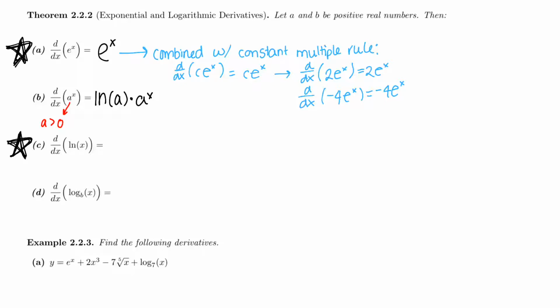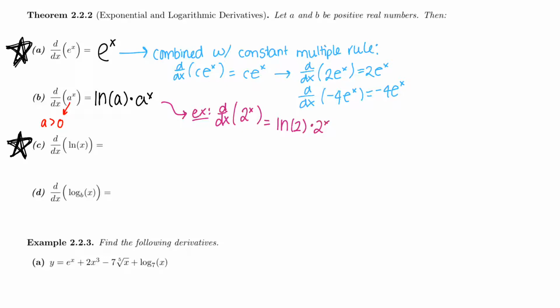So an example of that, if you're taking the derivative of 2 raised to the x, that derivative is going to be ln of 2 times 2 to the x.